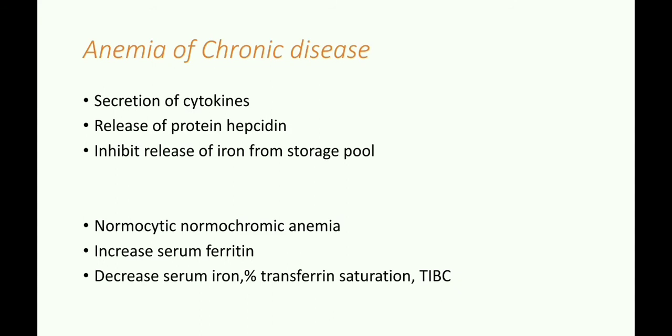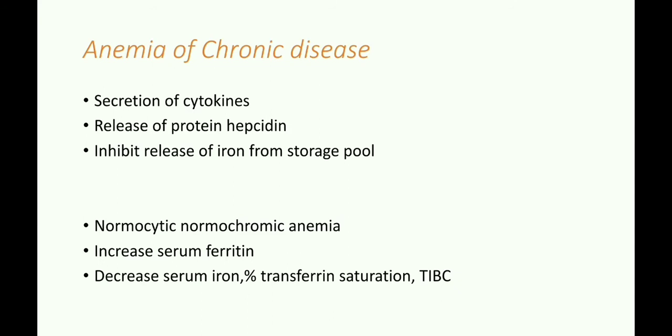As a result, you have iron in the storage form in your body, but at the same time the serum iron will be less. So what you can see here is the serum ferritin level is high. That means iron is there in the storage form, but at the same time the serum iron is less, and also the percentage transferrin saturation and the total iron binding capacity is low.